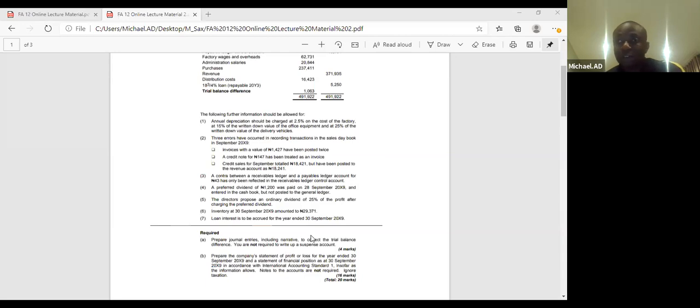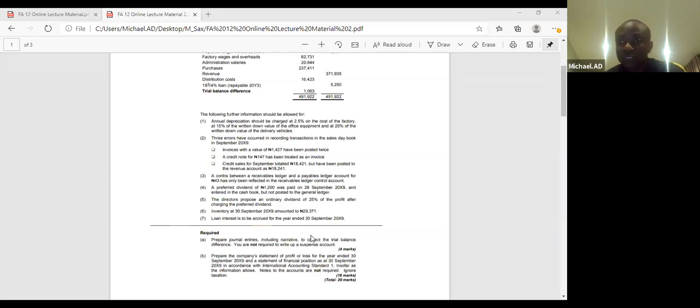For example, the first one: an invoice with a value of 1,427 was posted twice. This is one of the errors that affects our trial balance not to balance. It was supposed to be posted once, so this needs to be adjusted and corrected. A credit note has also been treated as an invoice.